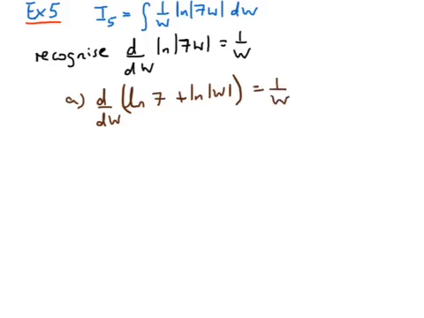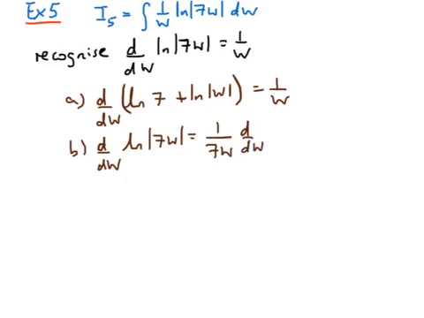An alternative way of tackling this is to use the chain rule, perhaps slightly more tedious. The derivative of the logarithm of the modulus of 7w is then, by the chain rule, 1 over this argument, so it's 1 over 7w multiplied by the derivative of the argument of the modulus, and that is 7w.